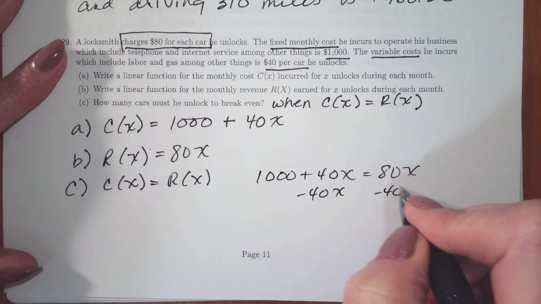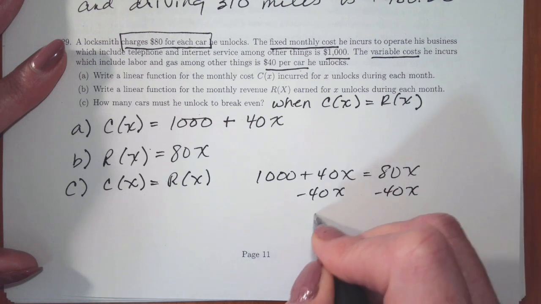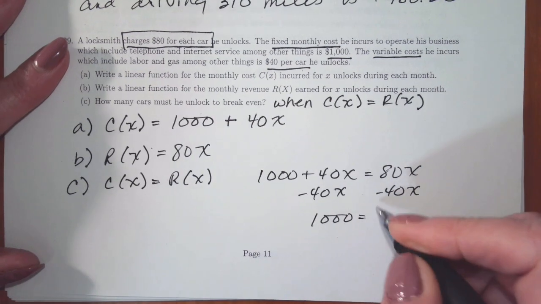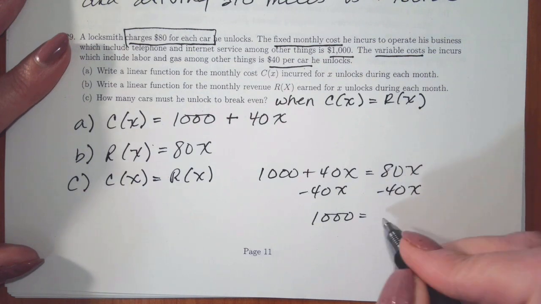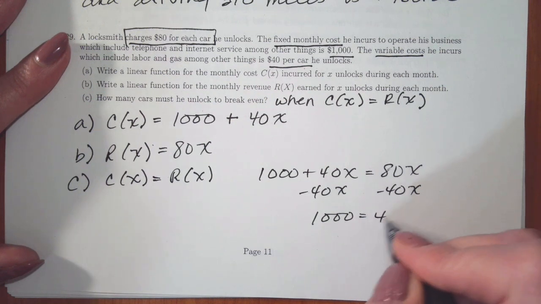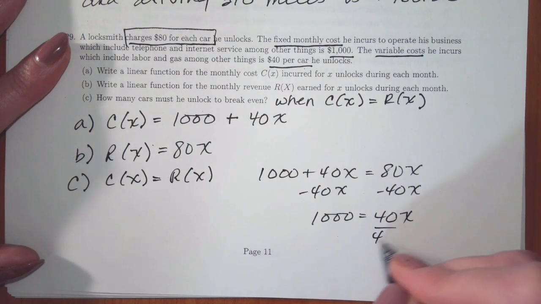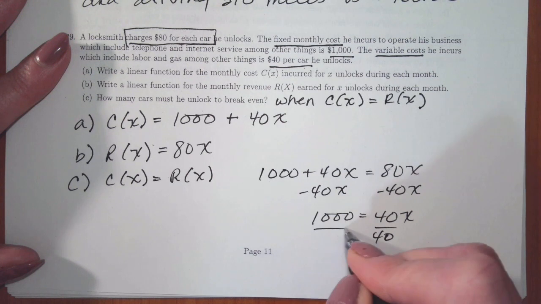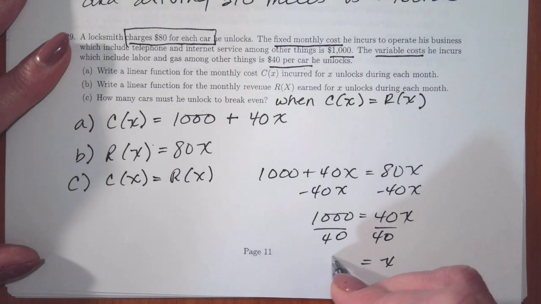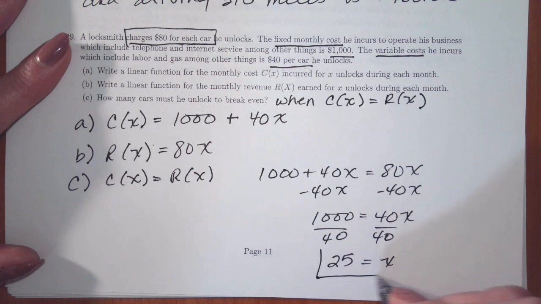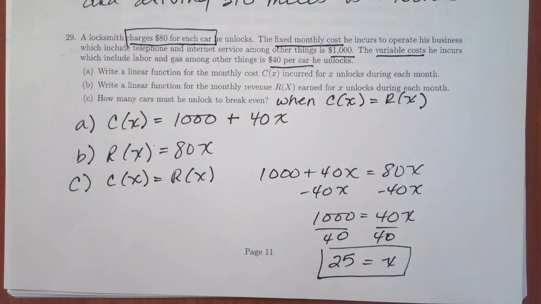Subtract 40x, and I get 1,000 is equal to 40x. Divide both sides by 40, and I get x equals 25. And it doesn't ask you to write a statement to interpret it, so you get to leave it alone.